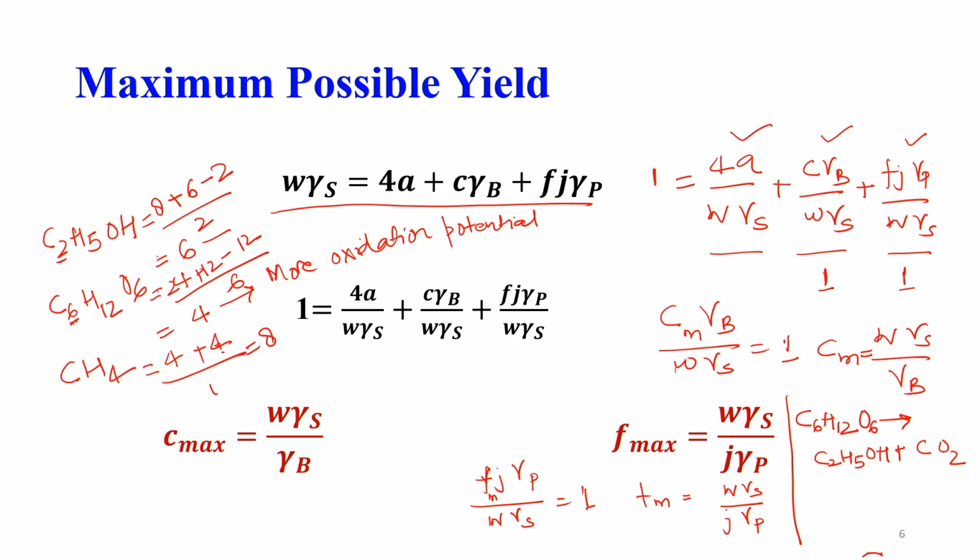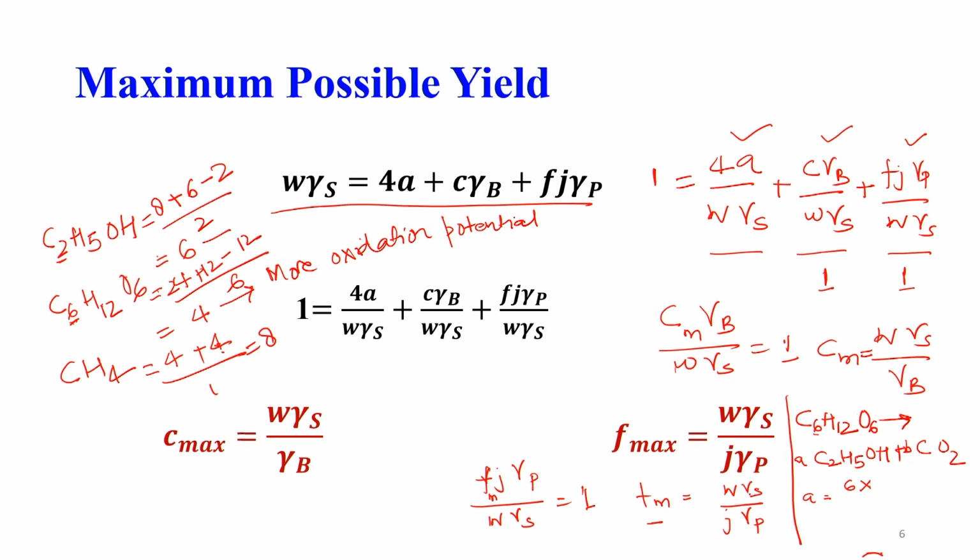Let us say the stoichiometric coefficient for ethanol is not known, so I put A here and B here. Now, what will be the A? A will be compared to F max. So this A will be equal to W. What is W here?